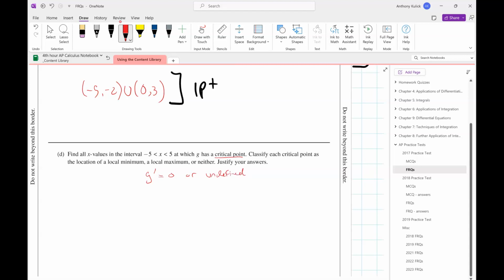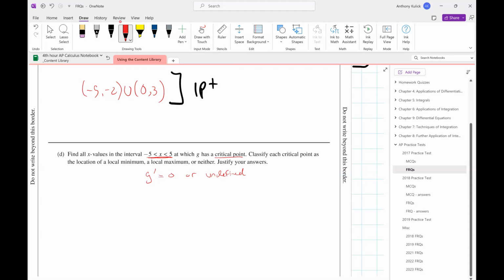So you can have a critical point where the derivative is 0, or when it's undefined. Now, I don't need to test the endpoints here, Nolan, because it's an open interval. So I don't need the endpoints there. It wouldn't be wrong if you did, but again, as soon as you hear local, you shouldn't need the endpoints. If it says absolute, then we need endpoints.